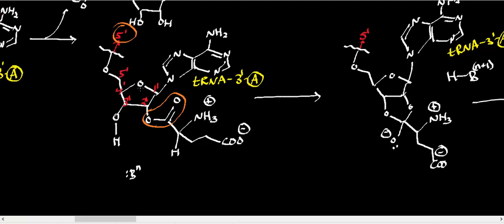And this is useless to the ribosome, so we're going to have to fix it. Now, this part of the mechanism is not well elucidated. But essentially what's going to happen is there's going to be a base somewhere in the active site. The base will deprotonate the 3' hydroxyl group, initiating nucleophilic attack on the ester bond of this aminoacyl group, generating a tetrahedral intermediate.